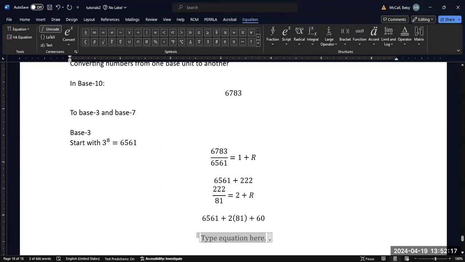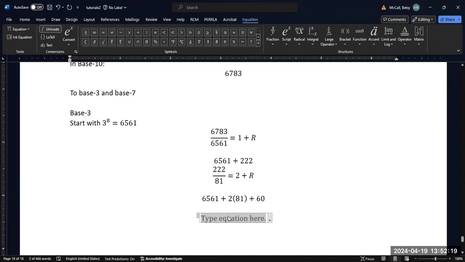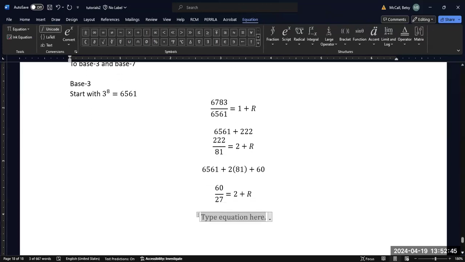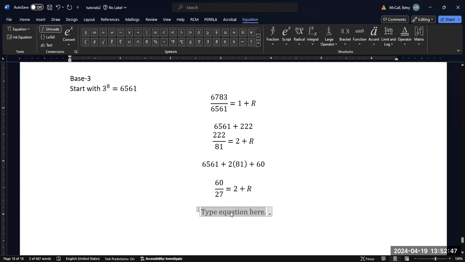What's my next power of 3 that is less than 60? That's going to be 27 because 81 is 3 to the 4th. 3 cubed is 27. How many times does 27 go into 60? Also 2 times. So 2 times 27 is 54.